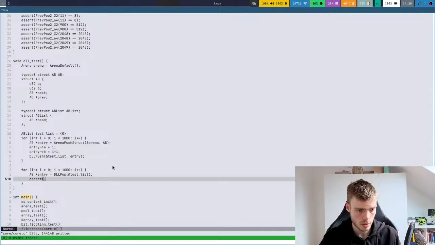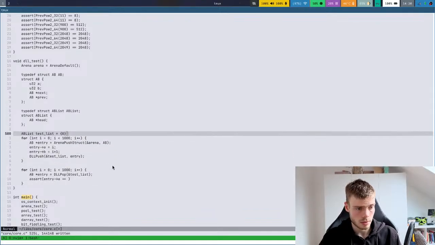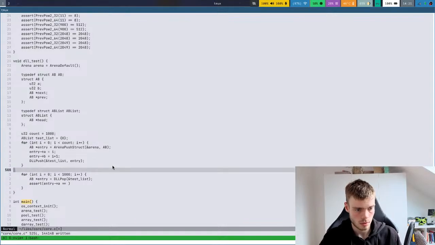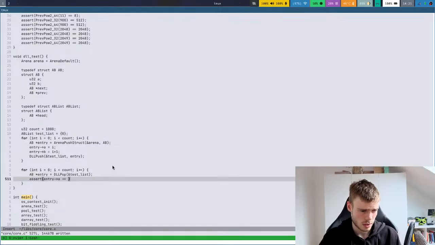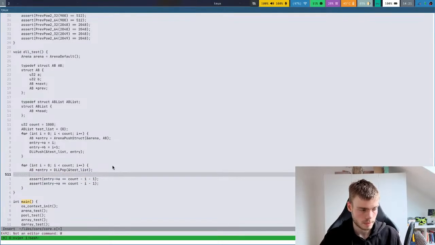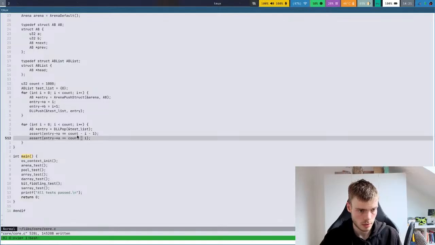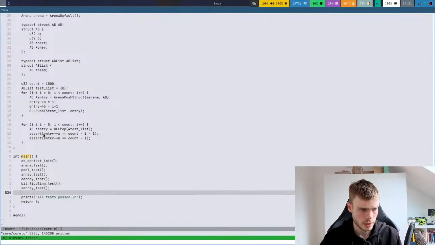Let's assert A is equal to count and then entry A is count minus I minus 1, right? Count minus I, this, and let's also test that.